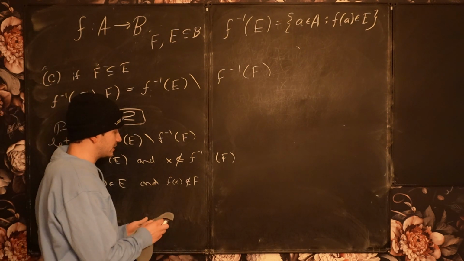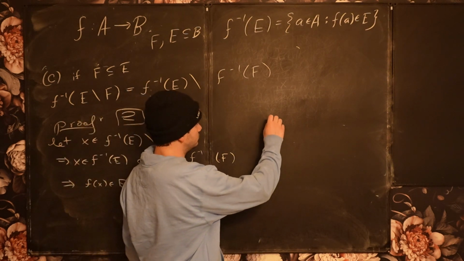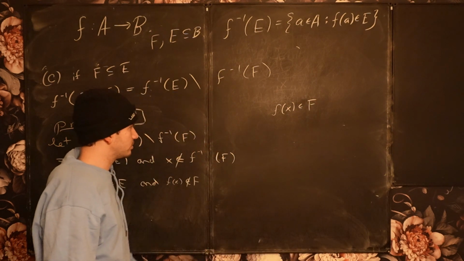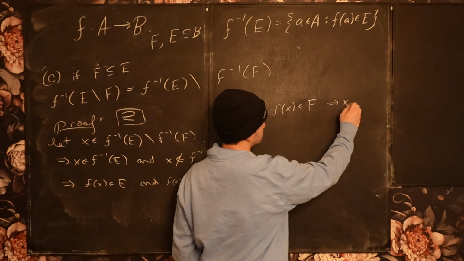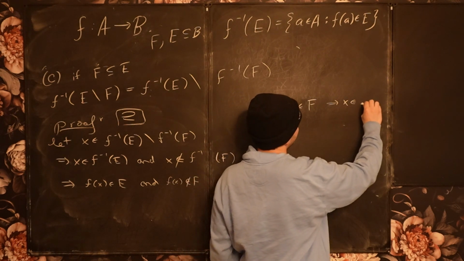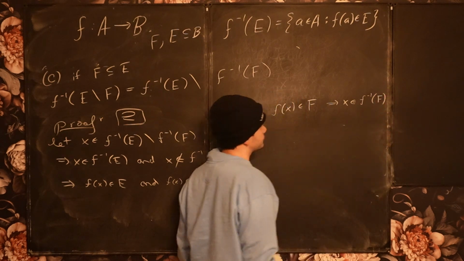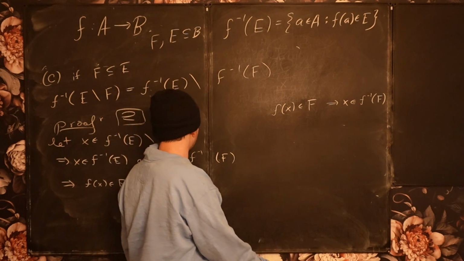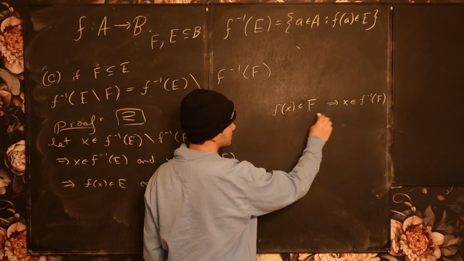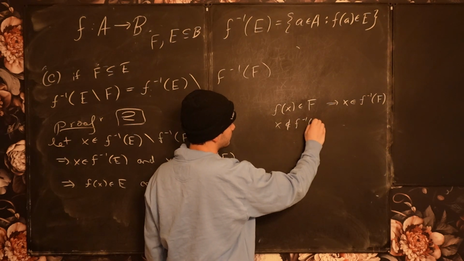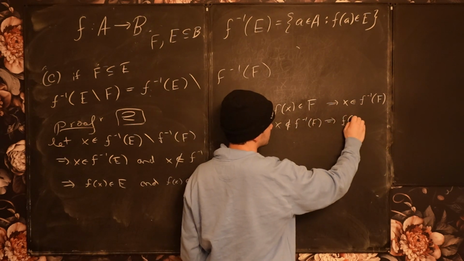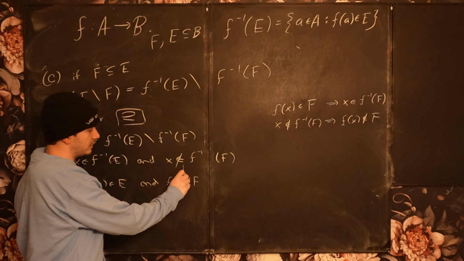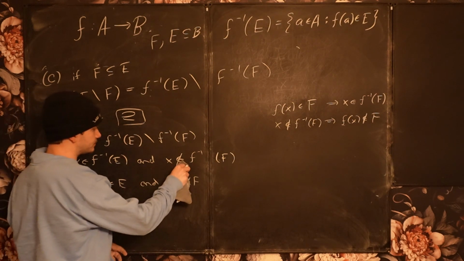So this is what we want to say, but can we say that? Let's see if we can. Remember that f of x in F is going to imply that x is in f inverse of F. Taking the negation of this statement, the contrapositive, we have that x not within f inverse of F implies f of x is not within F. So indeed, we can pass from this line to the next.